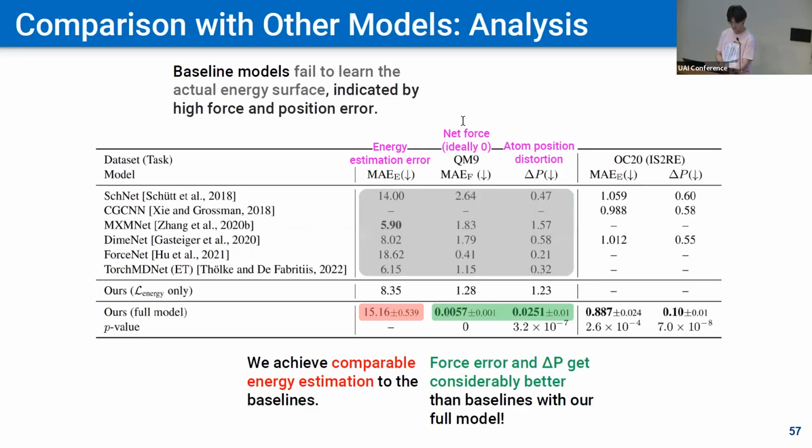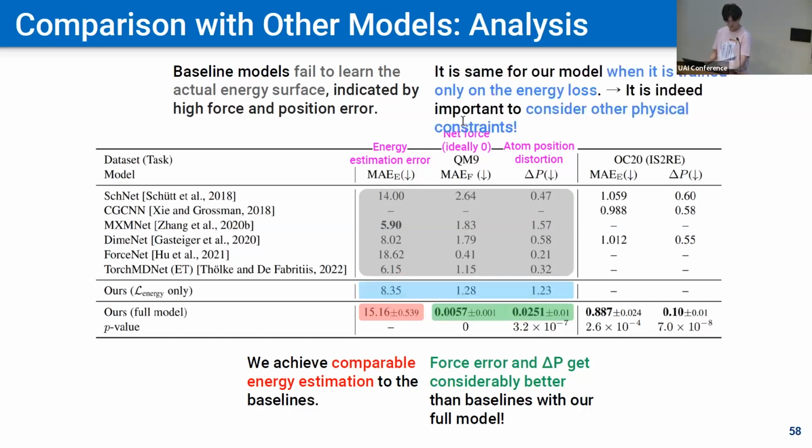And this is also aligned with our observation that the baseline models fail to optimize even to a stable structure. However, when we trained our model with only energy loss, the force MAE and delta P results became similar to the baseline models. This demonstrates the vital role of incorporating additional physical constraints into the model.